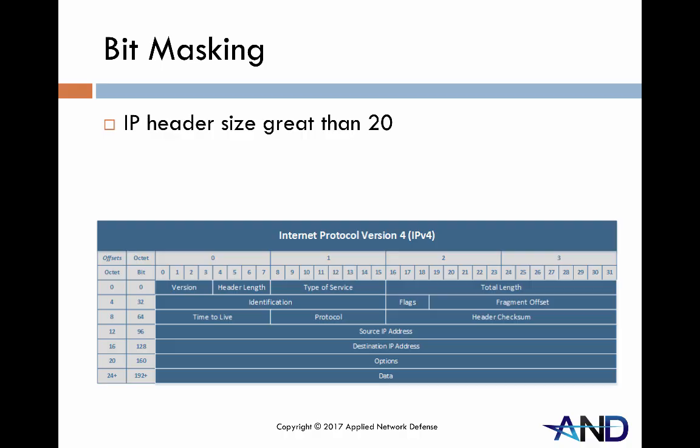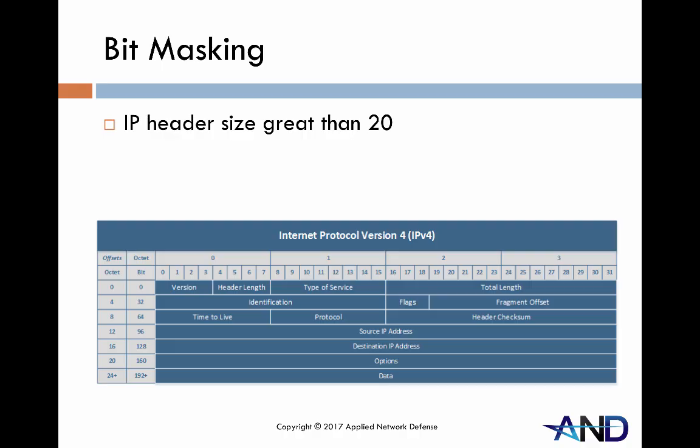Whatever the value of this field is, you multiply it times 4 to get the header size. So when we say we're looking for an IP header size greater than 20 bytes, we're actually looking for an IP header length value greater than 5, because 5 times 4 is 20. We'll talk about that more when we cover IP version 4 later, but just know that it's a calculated field, and ultimately we're looking for any value in this field greater than 5.